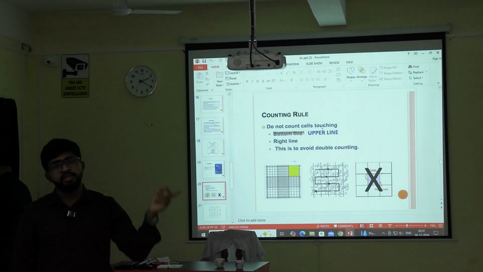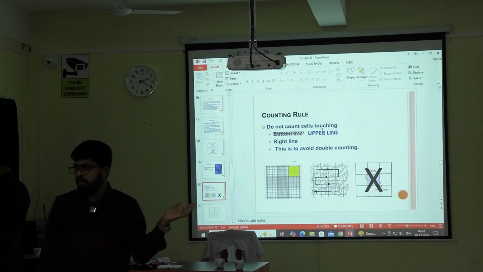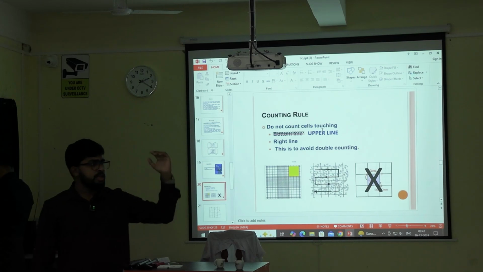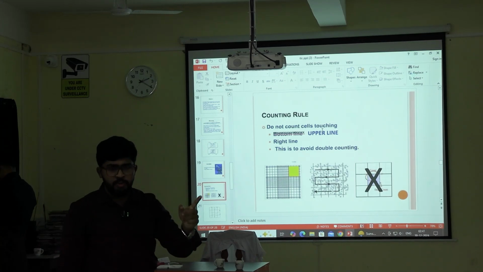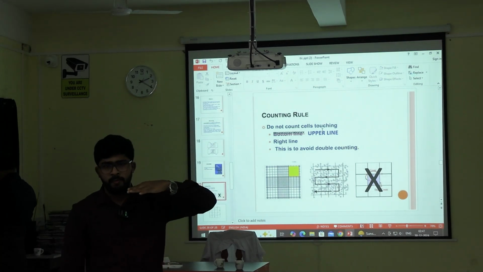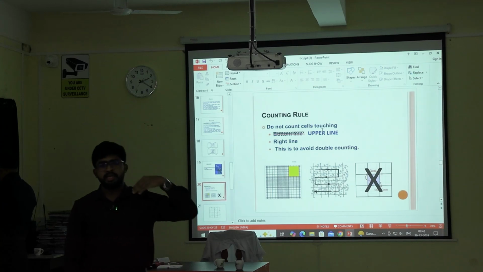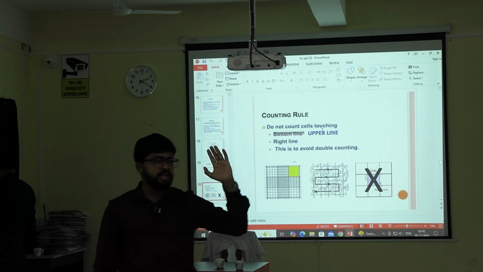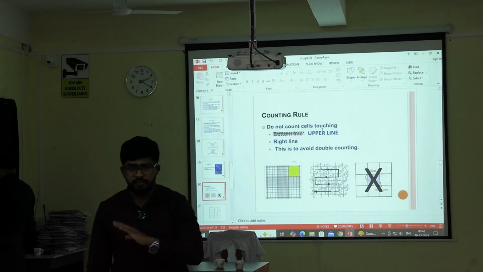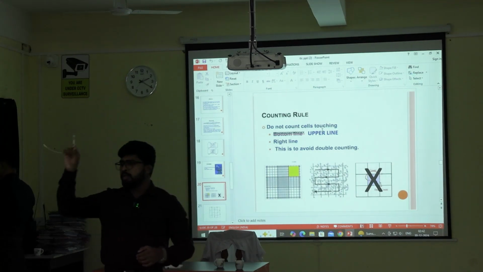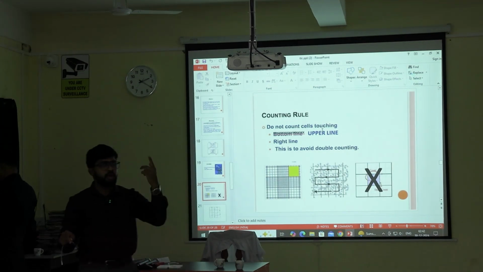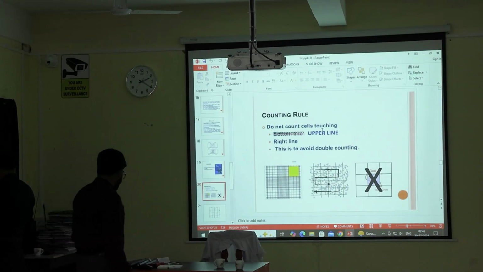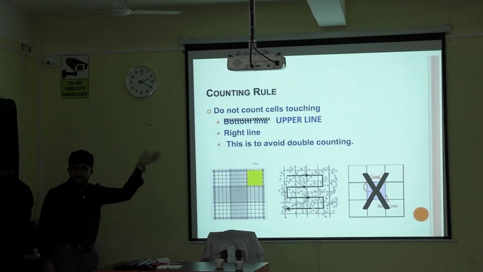The same way you did in RBC count, you have to count in a zigzag method, and also use the left and lower formula. Any cells touching the upper border or the right border you can't consider. You only consider the cells touching the left and the lower border. And you have to count in zigzag way, so that you don't count a cell twice. Zigzag fashion you have to do in every large square.